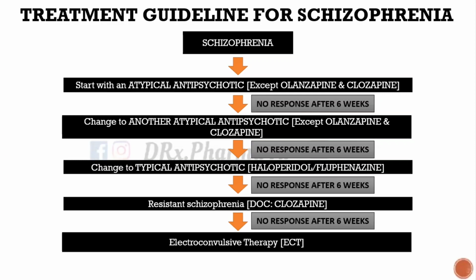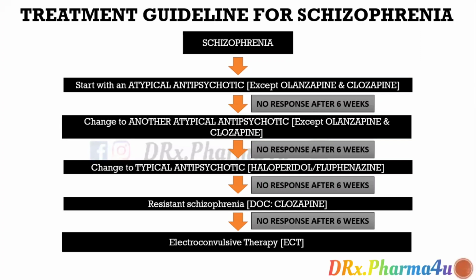And clozapine is a very, very dangerous medicine. Anyways, there is a particular slide on clozapine that I would like to talk about later. Clozapine is also a molecule that requires therapeutic drug monitoring, and that is why only in the last stage we give clozapine. So we can start with any atypical antipsychotic except olanzapine and clozapine.